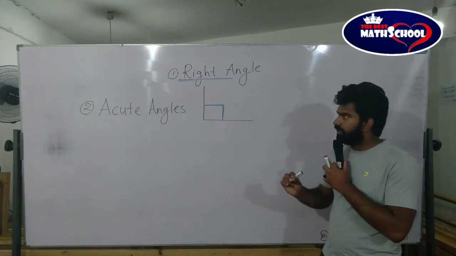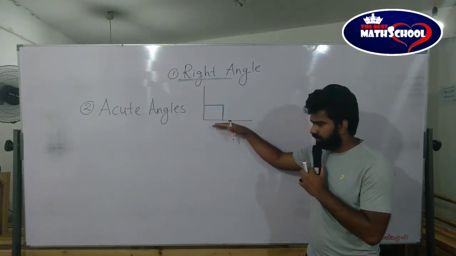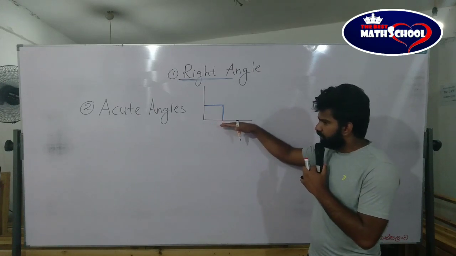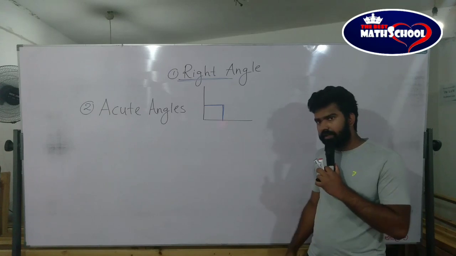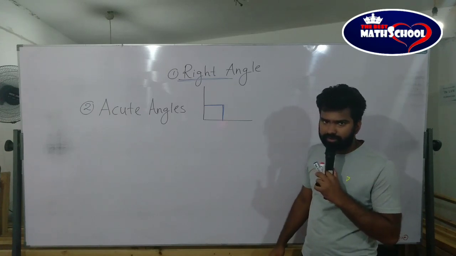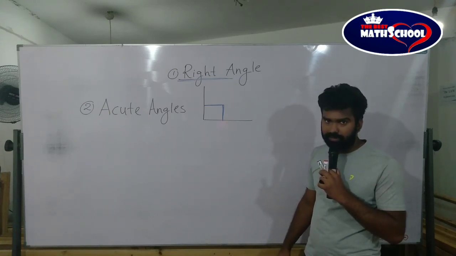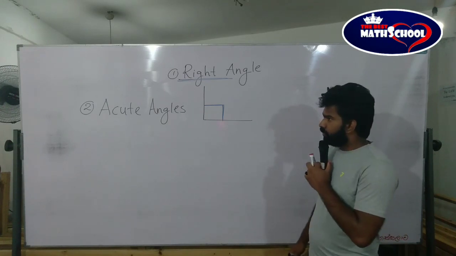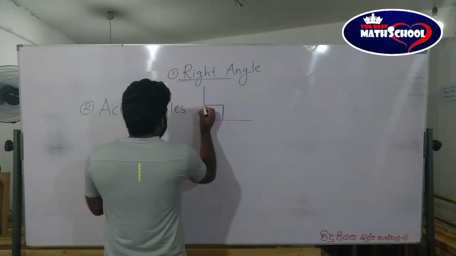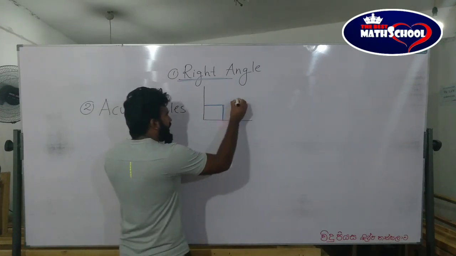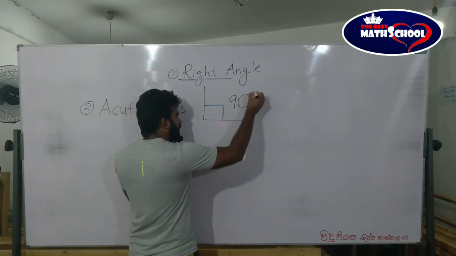Now we are taking this right angle, right? I told you when we take the right angle, it was created by using a horizontal line and a vertical line, right?